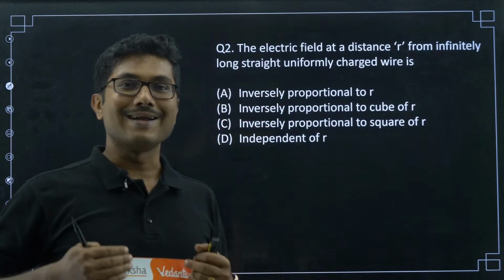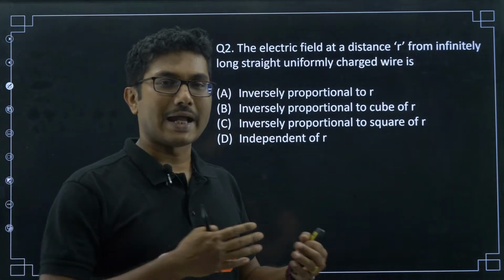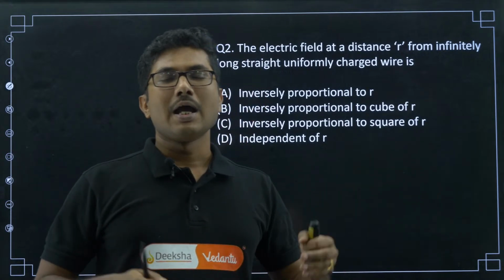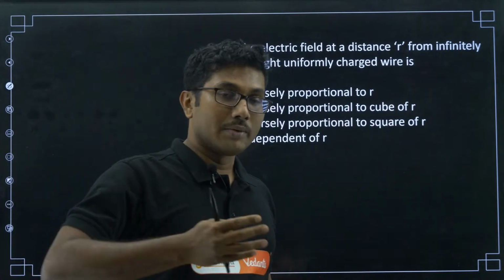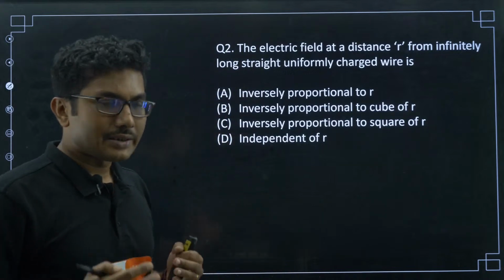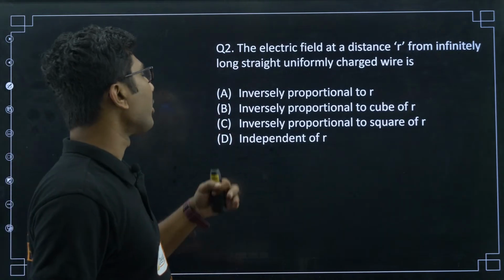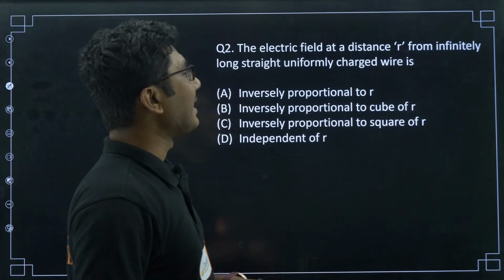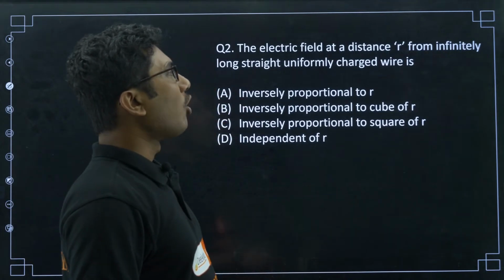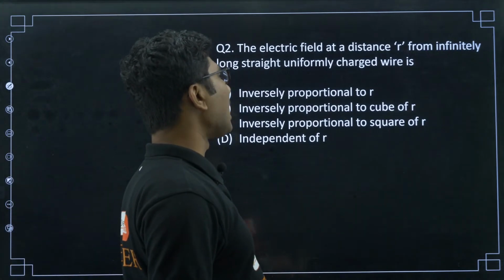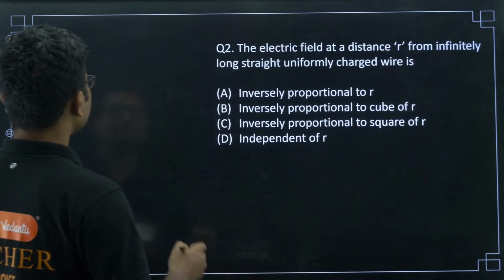If you slightly use analysis, in some cases, especially for language subjects Kannada, English and Hindi, there are some things that you have to remember, but in some cases you can use logical analysis to answer. That is very, very important. The electric field at a distance r from an infinitely long straight uniformly charged wire is.